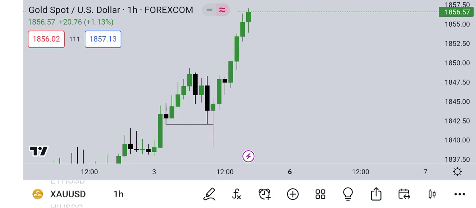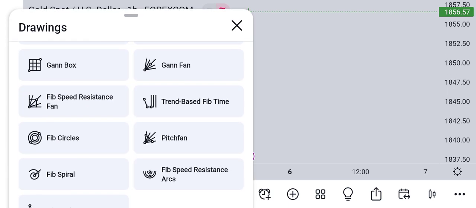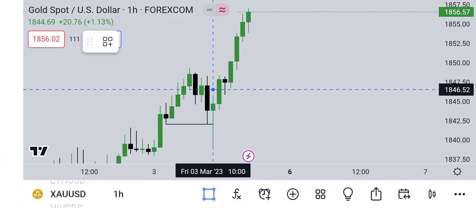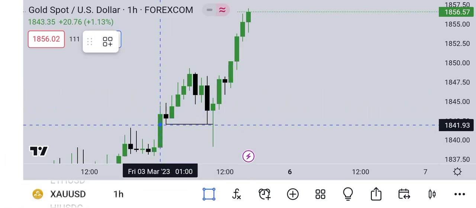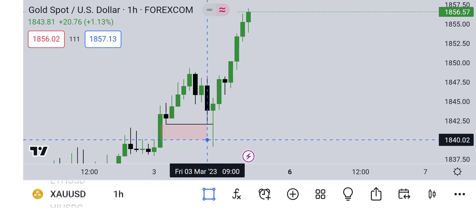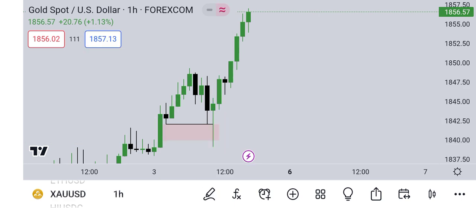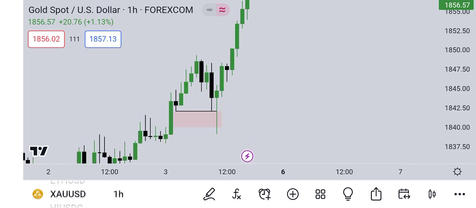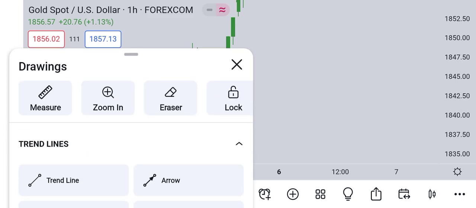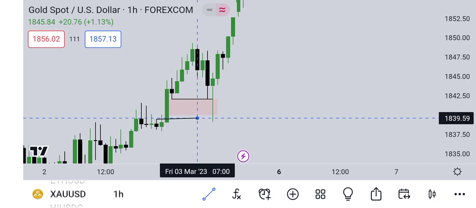See how the market took that liquidity. Okay. Then also there is a fair value gap here. The market filled the fair value gap and found rejection at the high of this candle.